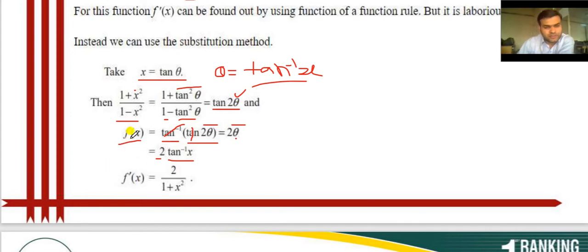The differentiation of this function f(x) is f dash x, and this 2, and differentiation of tan inverse x is 1 upon 1 plus x square. So that is 1 upon 1 plus x square. So this is the final answer of this question.